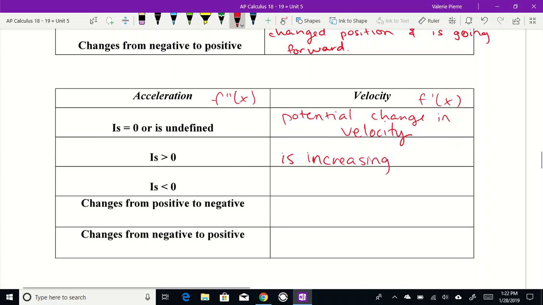If our acceleration is less than 0, then our velocity is decreasing. And if our acceleration changes from positive to negative, then our acceleration is changing from increasing to decreasing, and vice versa if it changes from negative to positive.